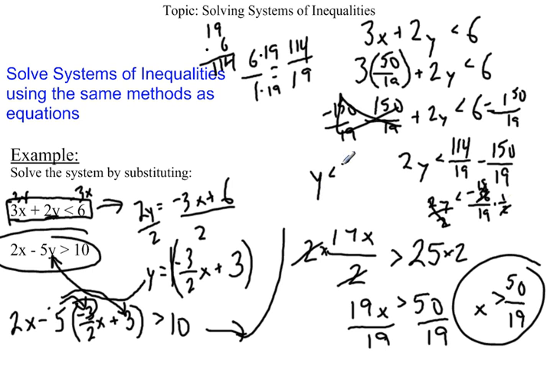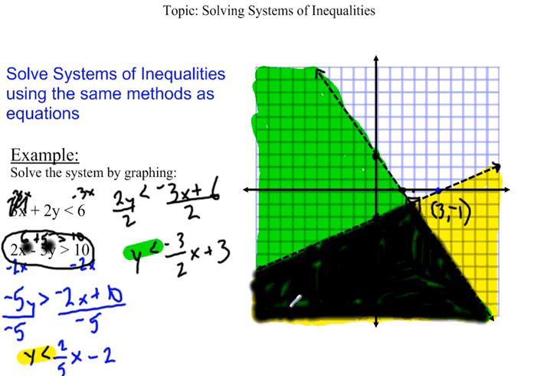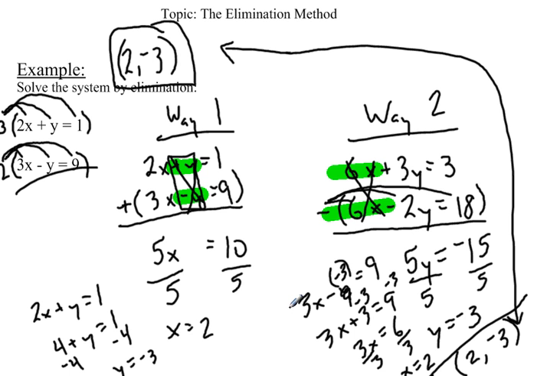So y is less than negative 18 over 19. Now, here's where you run into the problem with substitution if you try to use that technique. Let's look at where we thought the answer was, 3, negative 1. So we thought that it was around 3, negative 1 when we did it by graphing.